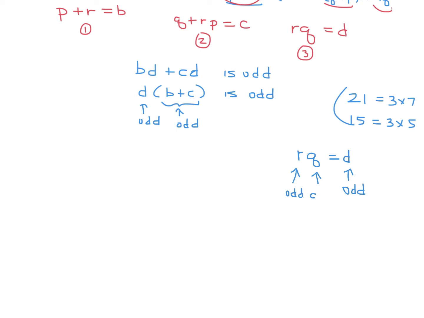For example, if D was, say, 35, which is an odd number, 35 is what? 5 times 7? Notice both 5 and 7 are odd. That's why I concluded that R is odd individually and Q is odd individually. All right? Okay. So far so good. Hopefully there's nothing confusing there.